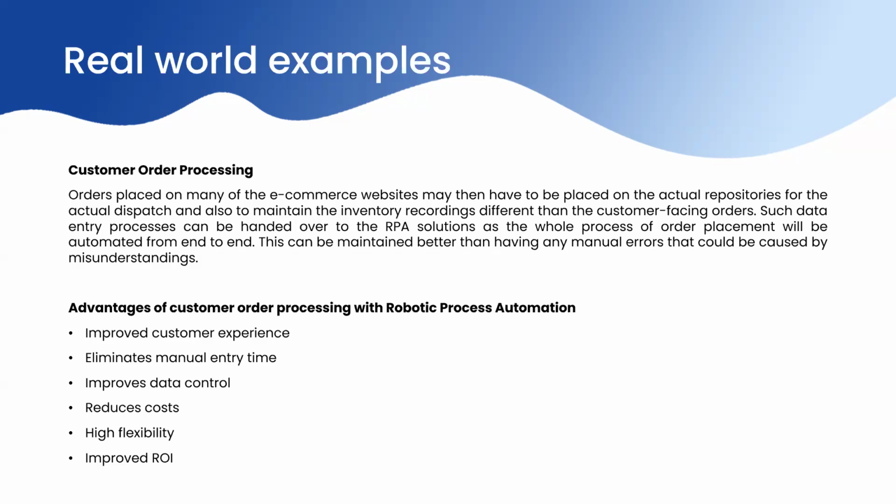Your information goes to bots, which place the information in the server and also send it to the vendor and ask how many days it will take, when it can be delivered, and do all the calculations, and show on the website that your order will be placed and delivered by this time. Or also do the calculation when you enter the pin code and you get, okay, 15 days you can get the order, like this. So these are real-time world examples.